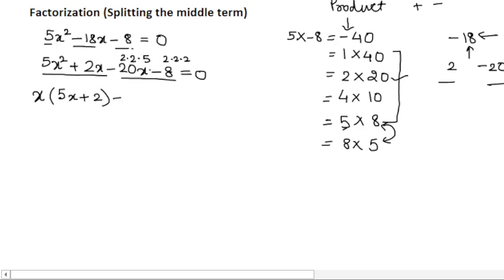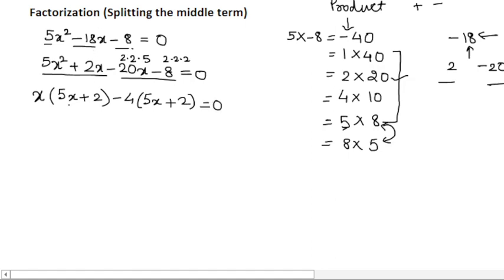So 2 times 2 is 4. I take out that common, and what I am left with inside is 5x. When a negative is taken common, the sign inside has to reverse. So this becomes positive, and a 2 is left inside. This is equal to 0.